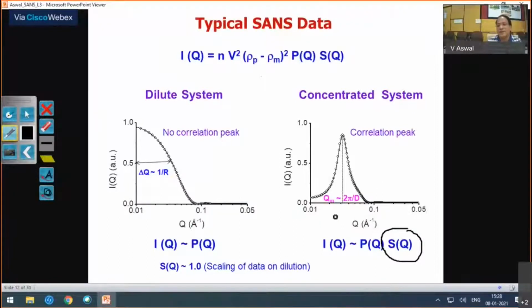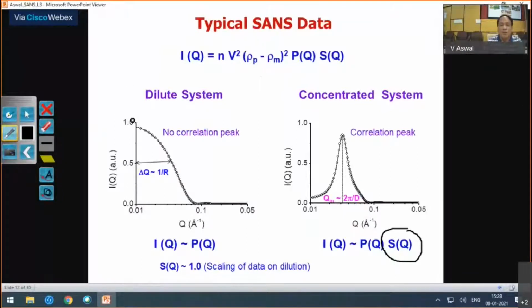If you want to look at the intraparticle structure factor, how atoms within a particle are correlating, then you have to go to higher Q values and use a high Q technique. In small angle neutron scattering, since you are looking at a length scale of the order of the particle, you only see the interparticle structure factor.